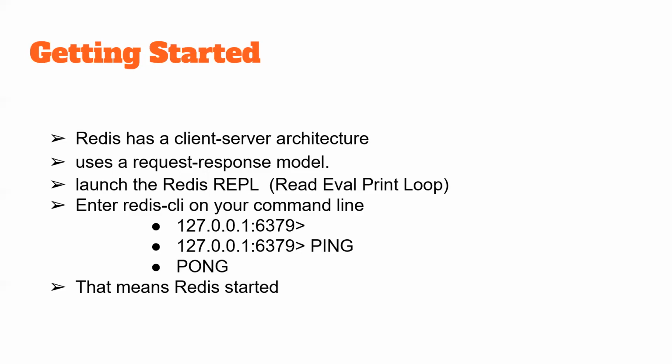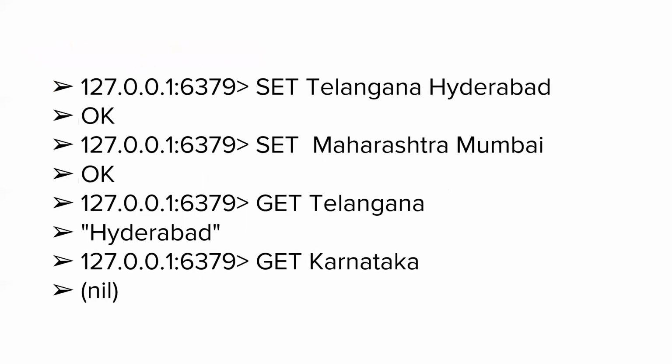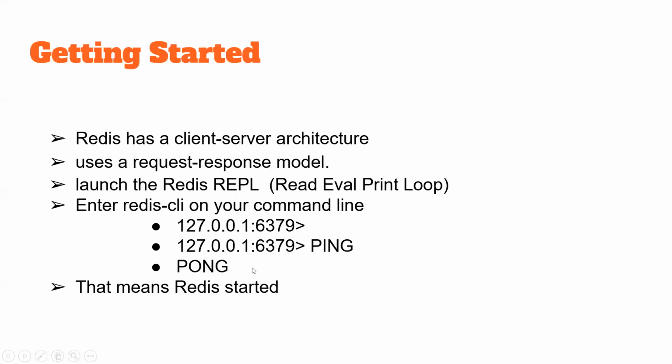Now you are ready to launch the Redis REPL, which is the read-eval-print loop, where you can run client commands directly from the shell. You will see the server host:port pair followed by a greater-than prompt, as given on screen.